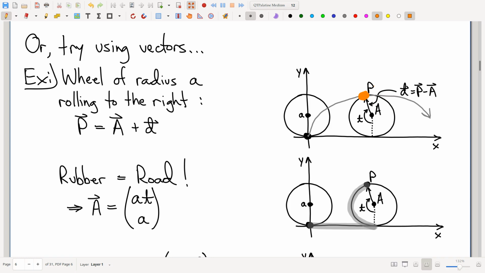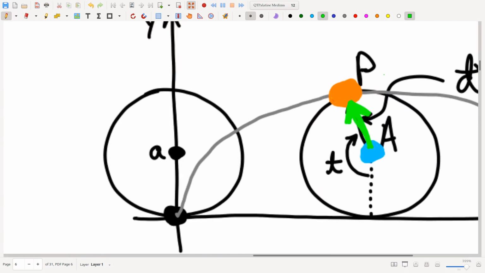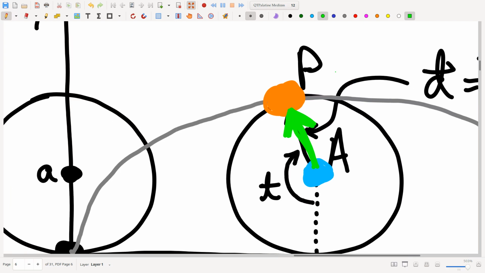I want a formula for that orange point P as a function of T. And I'm going to make this observation that, look, that is the sum of this point where the axle is plus this vector representing the spoke that the reflector is on. So blue plus green, and let me zoom so we can see better here. There we go. Okay, blue plus green equals orange. Yeah?